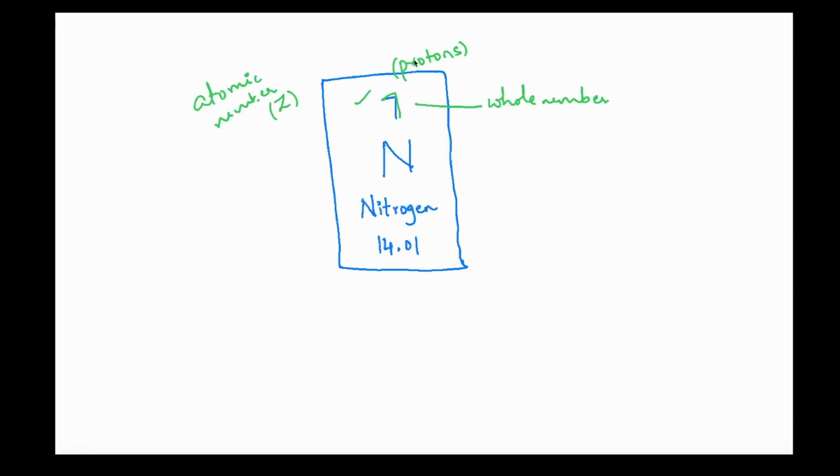And as we all know, the number of protons is always equal to the number of electrons in a neutral atom. This number gives us the identity of that element.